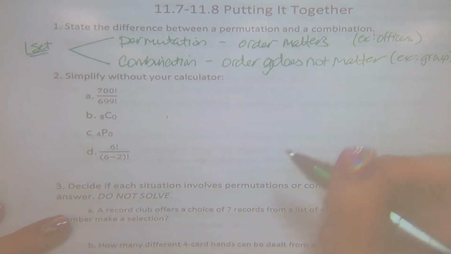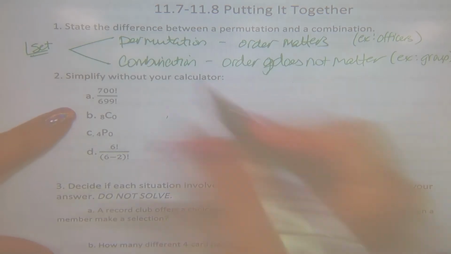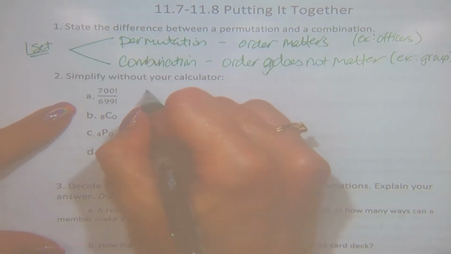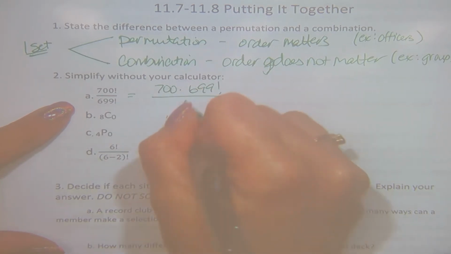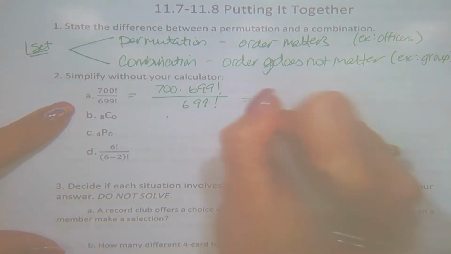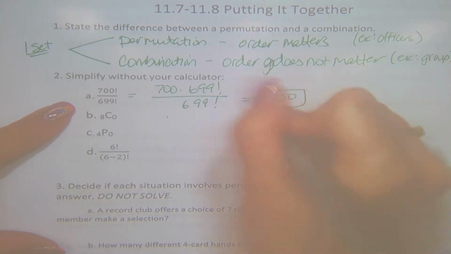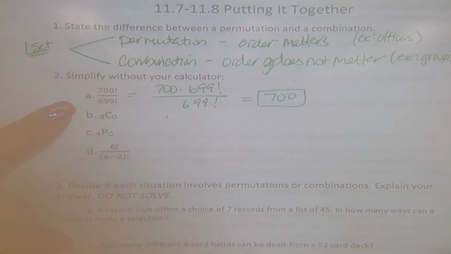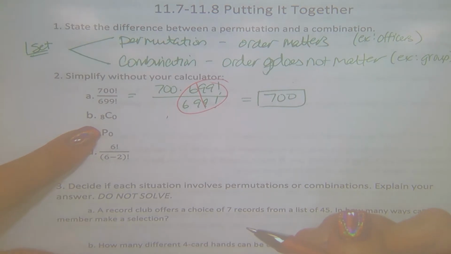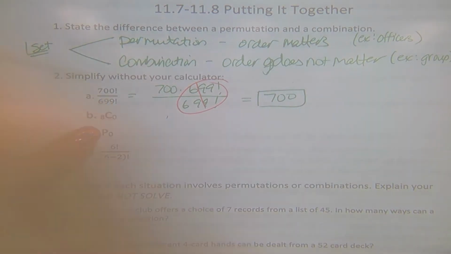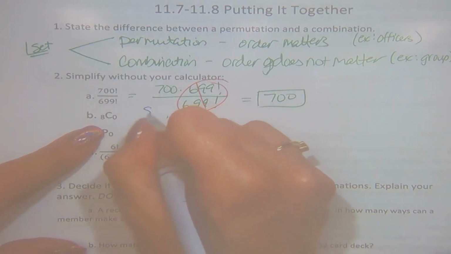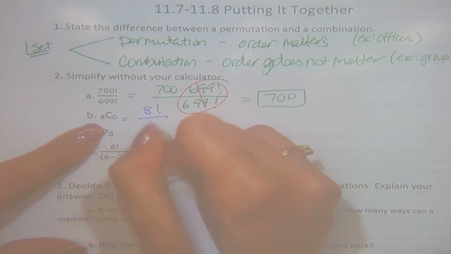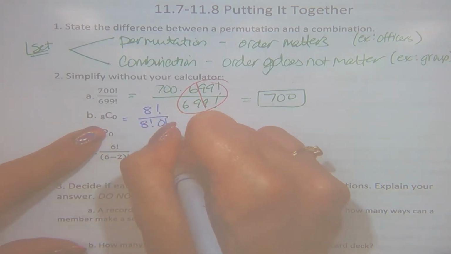Simplify without your calculator. We just did a bunch of these simplification problems. This would look like 700 times 699 factorial over 699 factorial. That cancels and leaves me with 700. 8 choose 0: I would show how to simplify by saying, all right, I've got 8 factorial over 8 minus 0, which is 8, times 0 factorial.